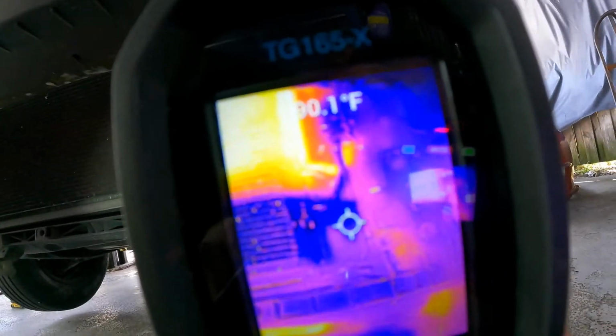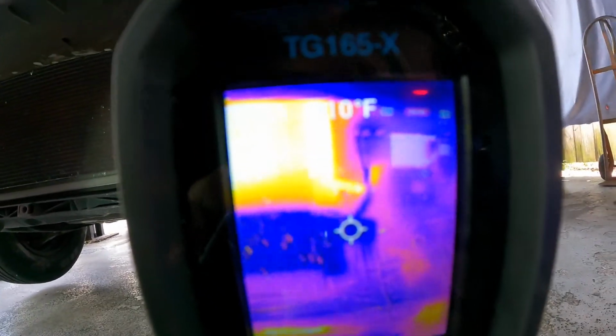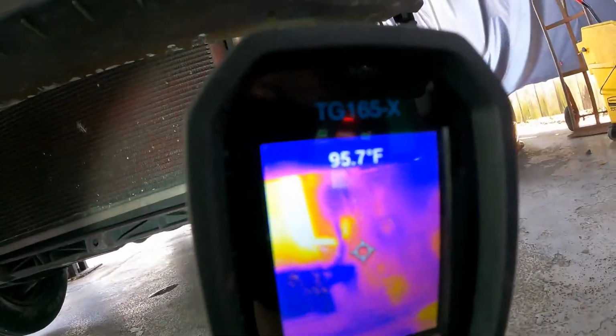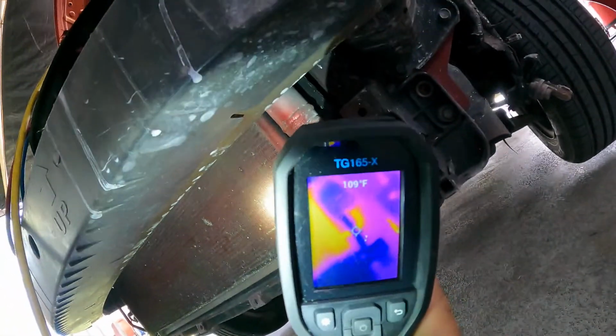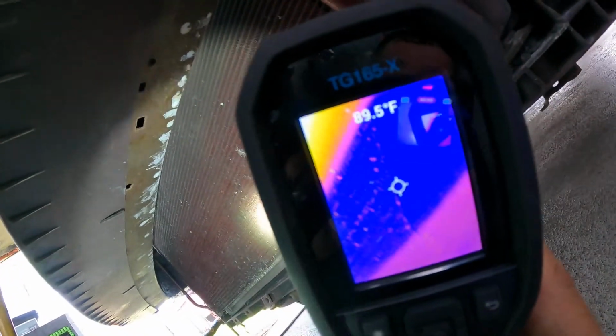Oh, sorry. Let me get in a better position here. This part of the condenser is cold. There's literally a line right there between hot and cold.